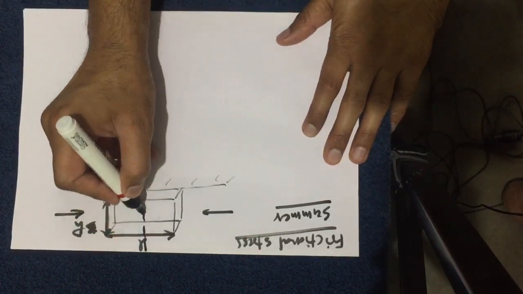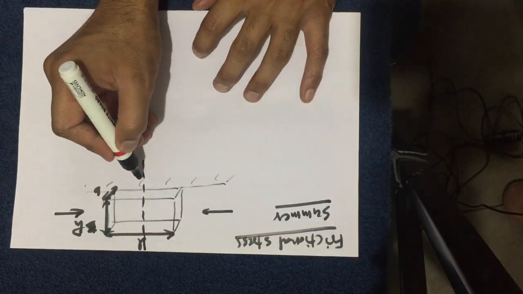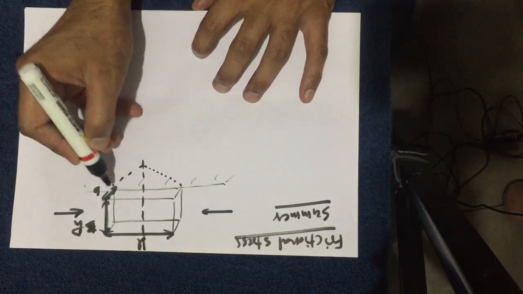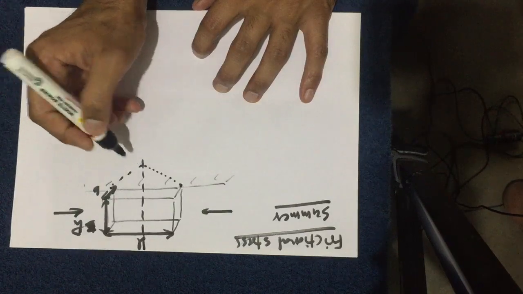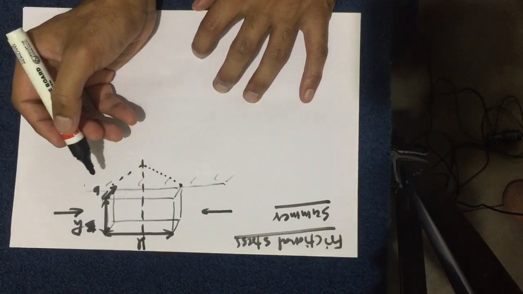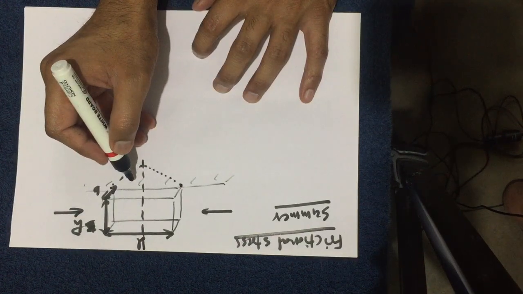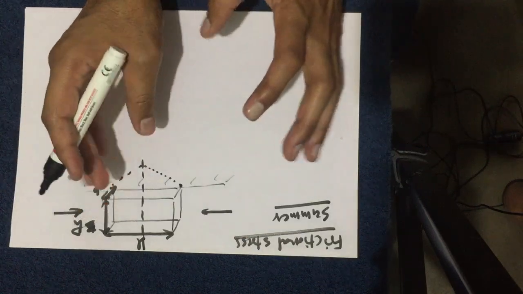So contraction means the complete slab is going to move, but the difference will be, at the edges it will be 0, but here it will be the maximum value. But for the analysis part we make it uniform.